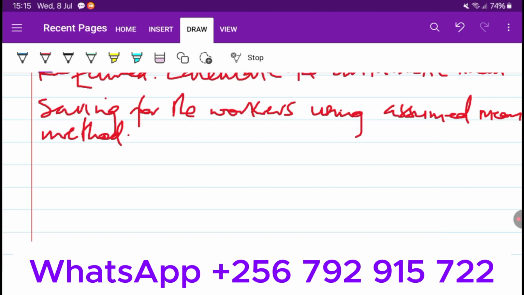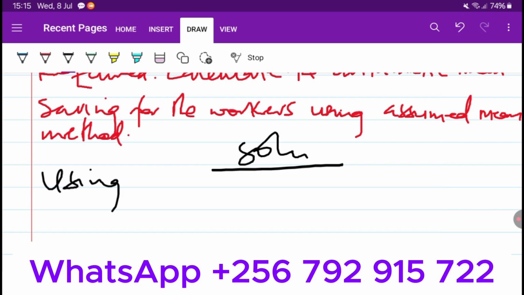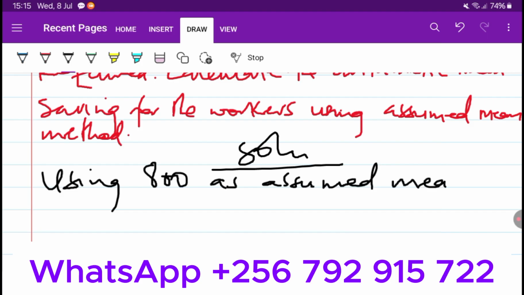The first thing you start with, if you look at the solution, is to estimate the assumed mean. So I'm going to say using 800 as assumed mean. Don't forget the fact that these values were in thousands. I'm just picking 800, but it means it is 800,000. Assume we are picking 800 as the assumed mean.